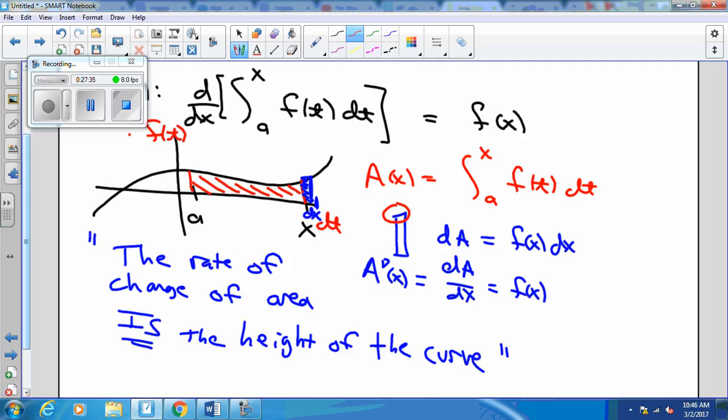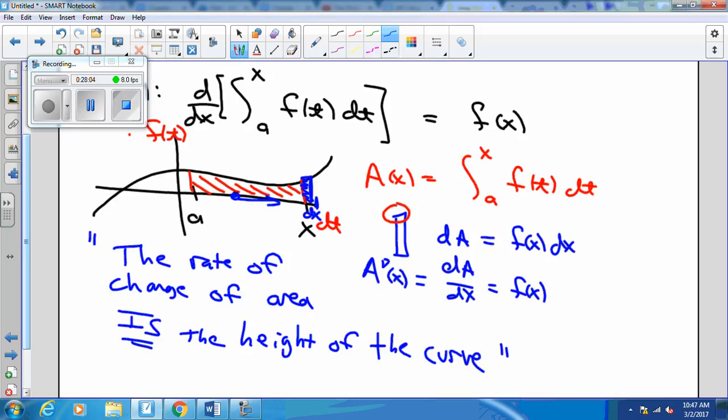I wish I could animate this, but picture that you're walking along the x-axis, starting way back here. And you walk in this direction, and as you walk, you pick up extra area. The question is, what is the rate at which you are adding on that extra area?